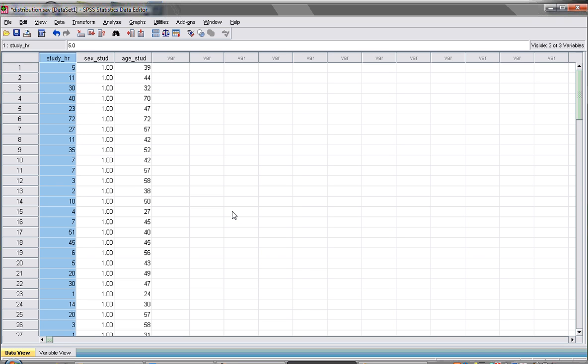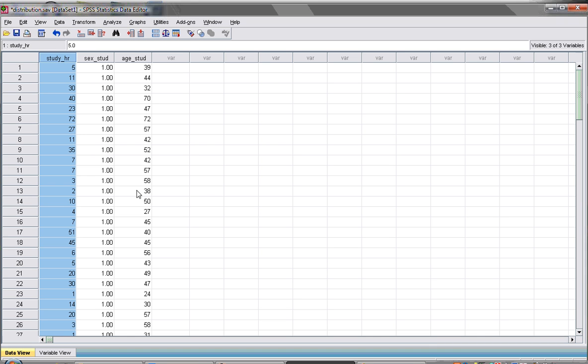This is what I'm going to talk about, simply because knowing that is a crucial point to see which test to be used, the parametric or non-parametric test in statistics.